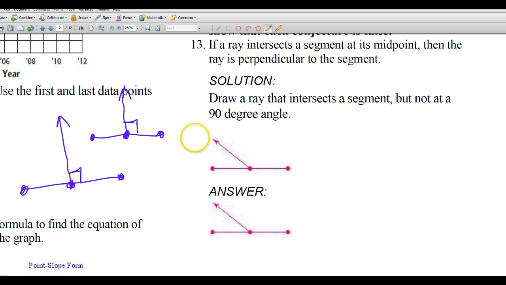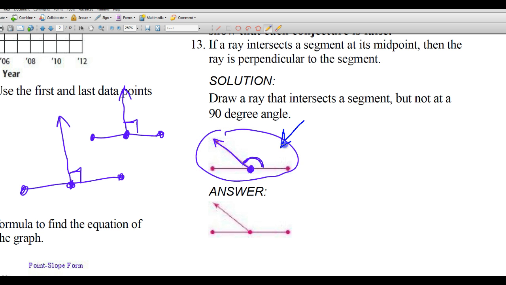But then, let's say on the 1,000,001st time, the next time that you draw a ray intersecting a segment at its midpoint, and the ray goes in this direction, and obviously it's not perpendicular, this is not 90 degrees, this would be our counterexample.